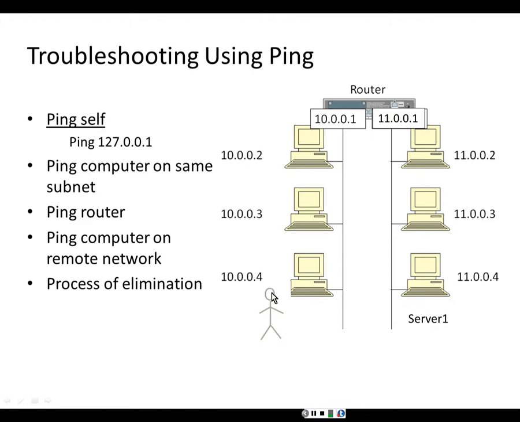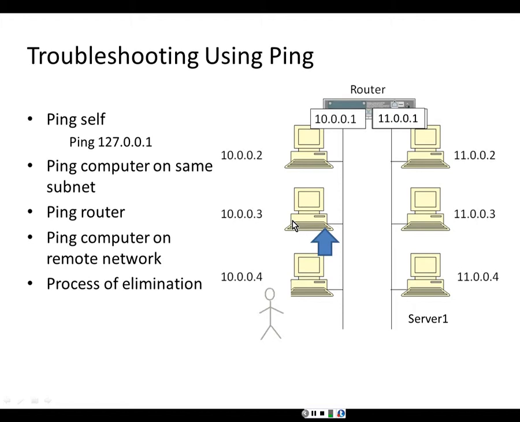If you cannot ping yourself, well, then the problem is your workstation. Either TCP/IP is not properly loaded, or you've got a bad network interface card driver. If you can ping yourself, well, then at least you know the TCP/IP is properly loaded on your computer.